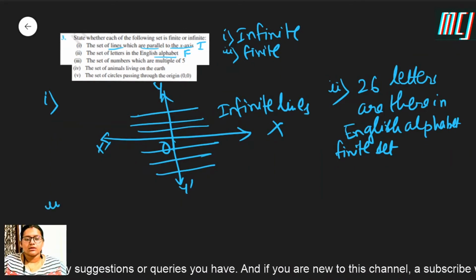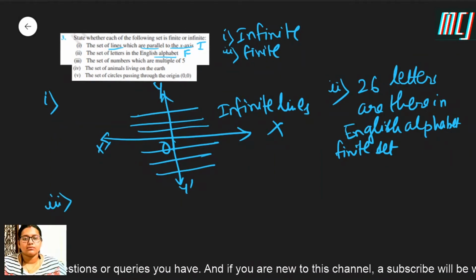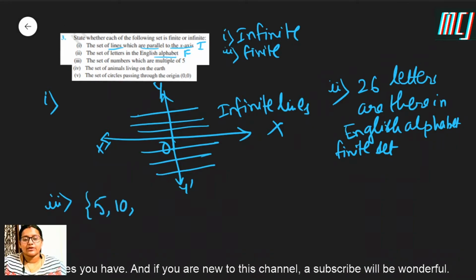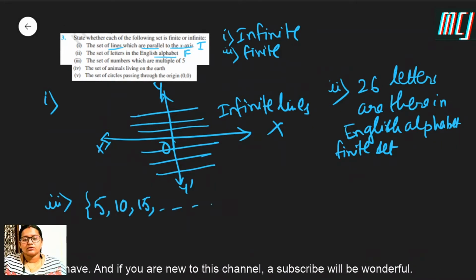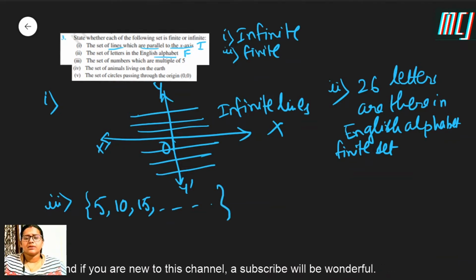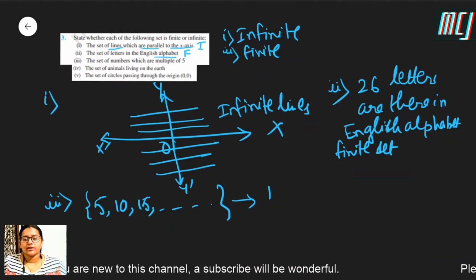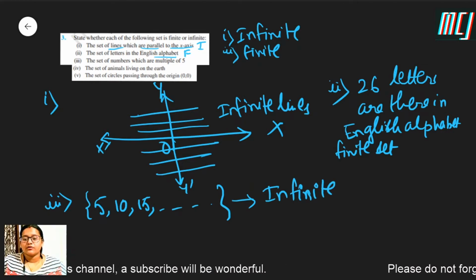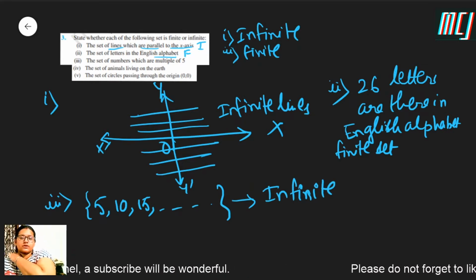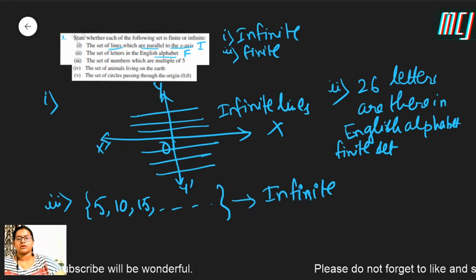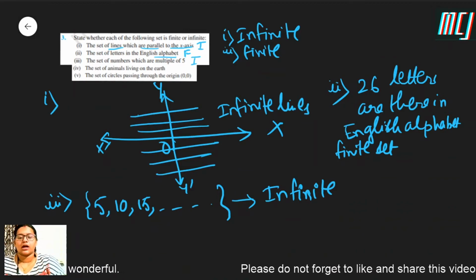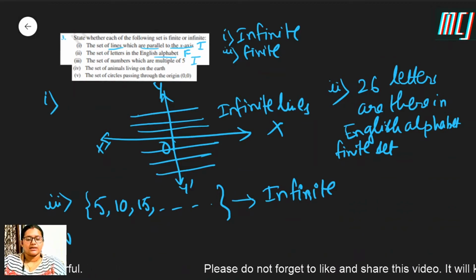Now see question number 3. It's telling the set of numbers which are multiples of 5. So multiples of 5 means 5, 10, 15 and so on. There will be many numbers which are multiples of 5. So this is an infinite set. The finite and infinite definition: if we have a countable number of elements, a countable number of objects, then it will be finite. If it's uncountable, then it will be infinite.